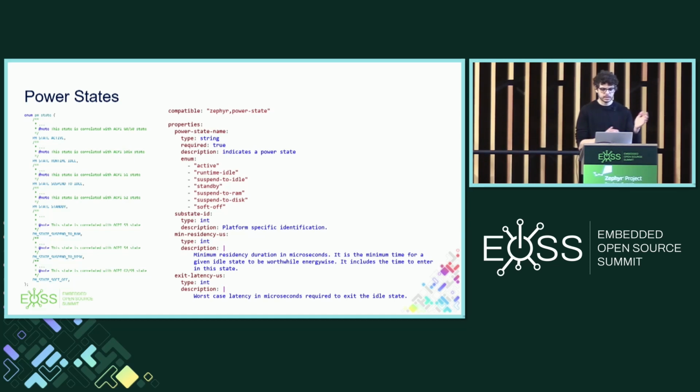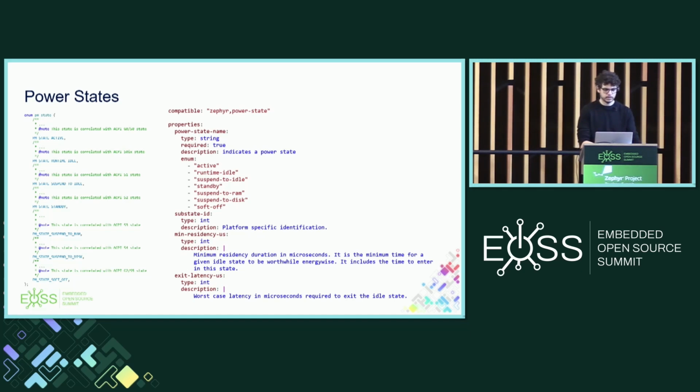Besides the state itself, we have other 2 properties: a minimal residence, which tells us the minimal time that the system should stay idle to be worthwhile energy-wise speaking, and an exit latency, which is the amount of time required for the system to exit this state and become active. This information is used by the subsystem to program the timer in a way that the system does not miss any scheduled event.